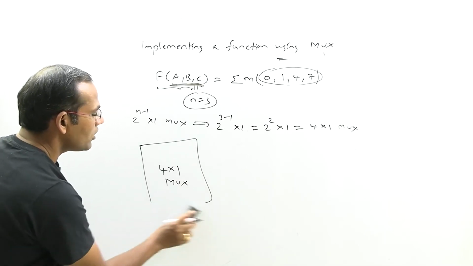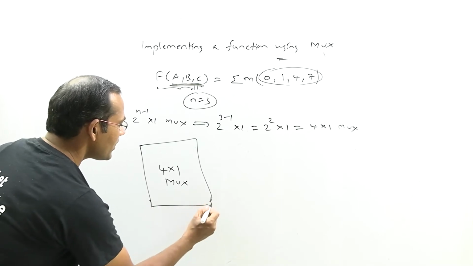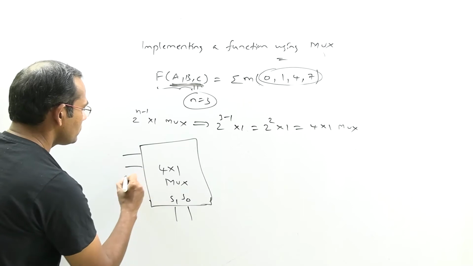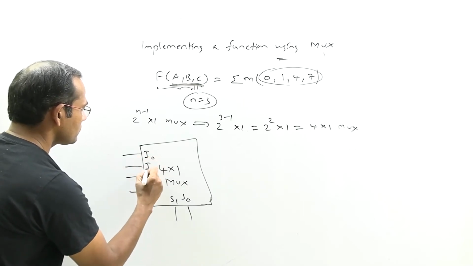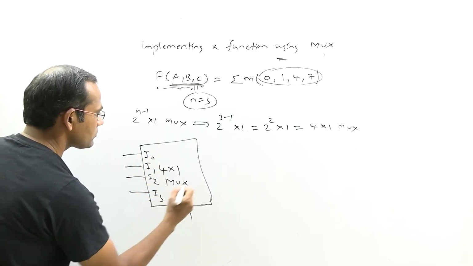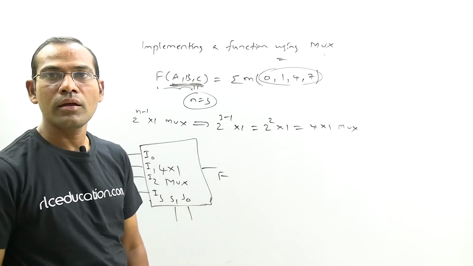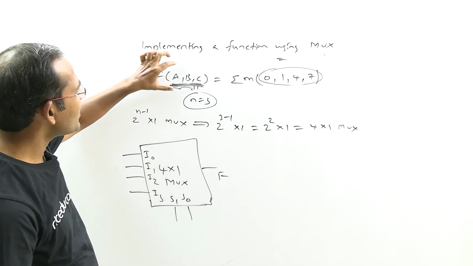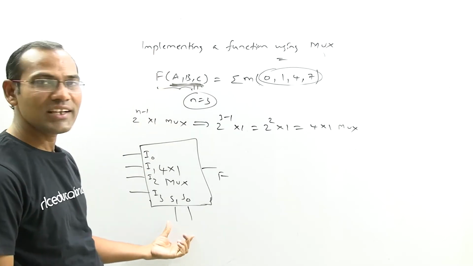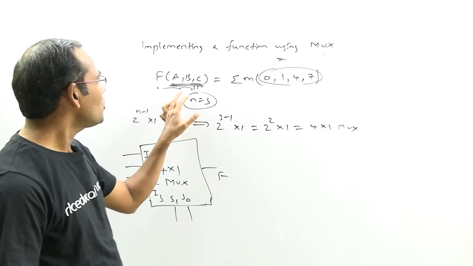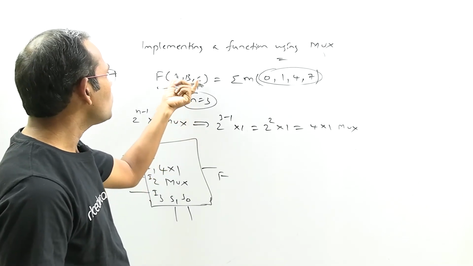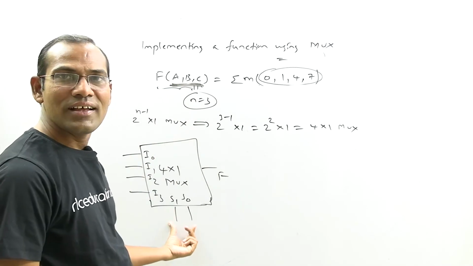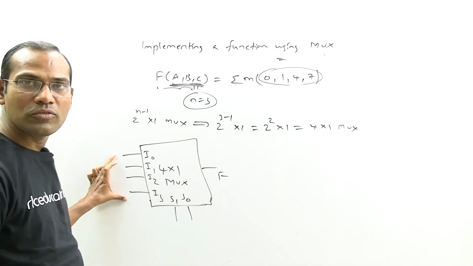Only two selection inputs will be there. Here 3 variables are there in the function, but only 2 selection inputs, so only use 2 out of these 3 as selection. The third variable will be used as input.